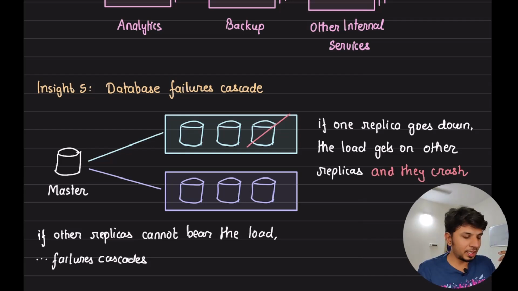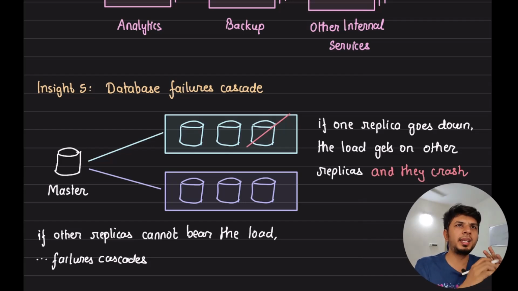So what would happen is that node would crash because it's not meant to handle 1500 requests per second. It is configured to handle 1000 requests per second. So that would go down, and then it would put all the load onto the first. So now the only read replica you have needs to handle 3000 requests per second. That's insanely high. So this is where the cascading nature of failure comes in.